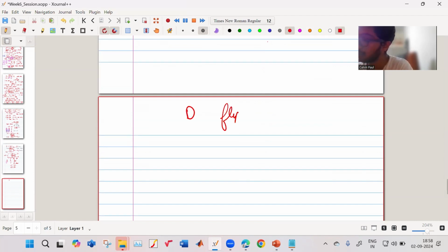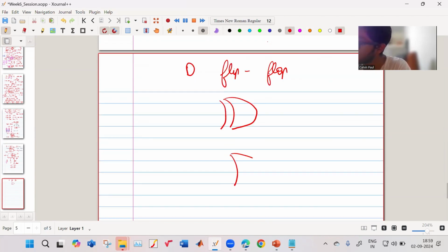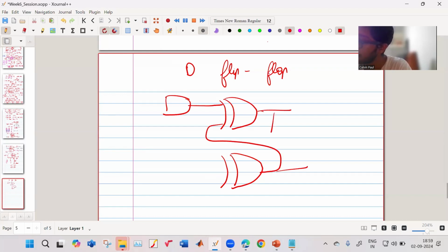The D flip-flop. What does that have? It has this XOR gate, like the similar SR flip-flop structure, and it has an AND gate as well. So this is my set, this is my reset, and there is further an enable block.